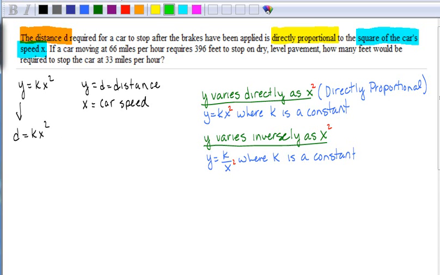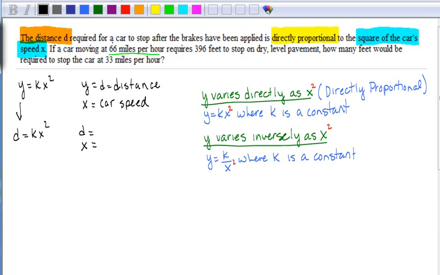So now let's go on and read the second sentence. If a car is traveling at 66 miles per hour, so we know that, and we have d and x here. D, if you remember, is distance, and x is speed.